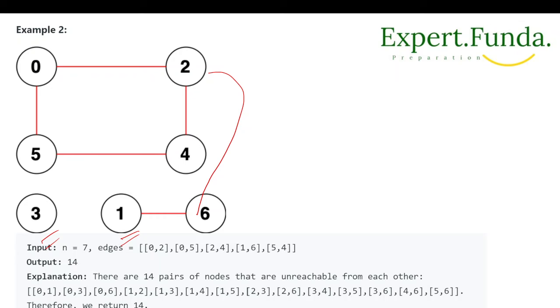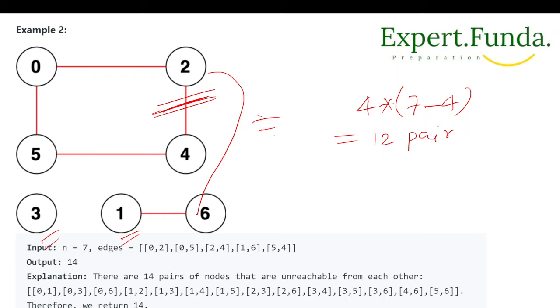Let's suppose in this component we have 4 nodes, and in total we have 7 nodes, so we do 4 into 7 minus 4. So in total we have 12 pairs, right?